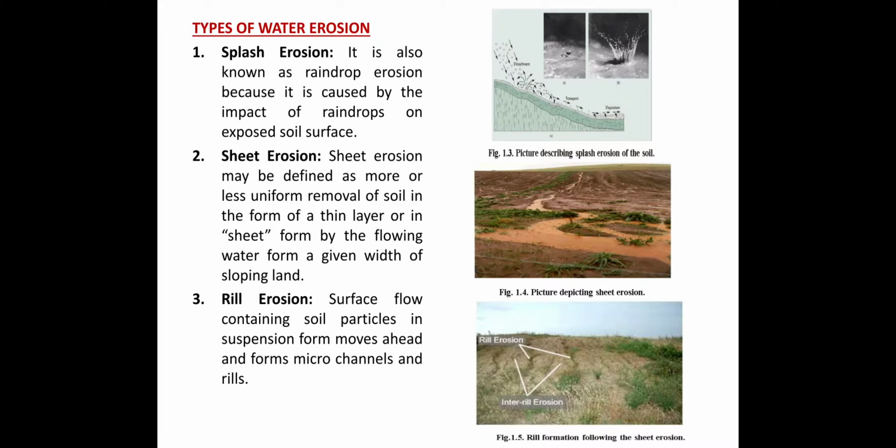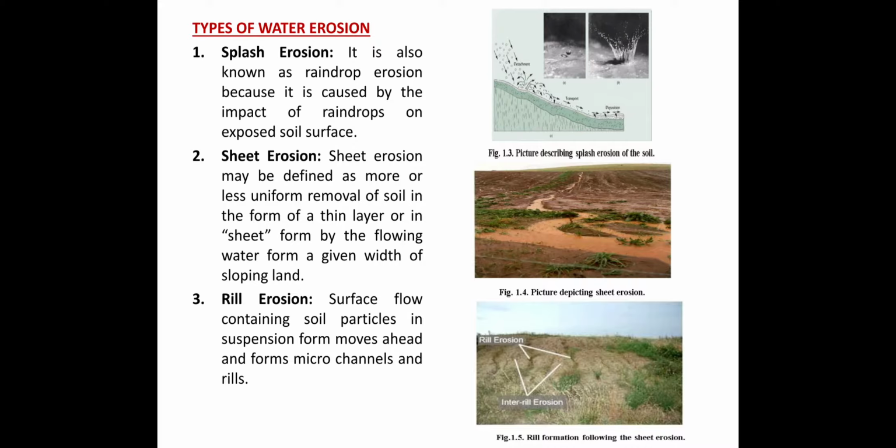This erosion is caused due to the impact of a raindrop over the exposed soil surface, and that is why this type of erosion is called the raindrop erosion, and also the splash erosion.